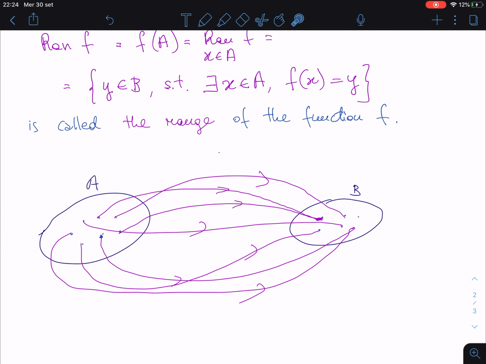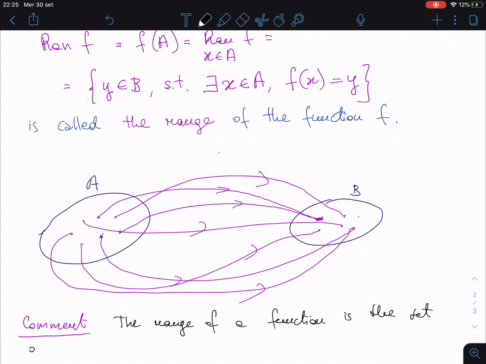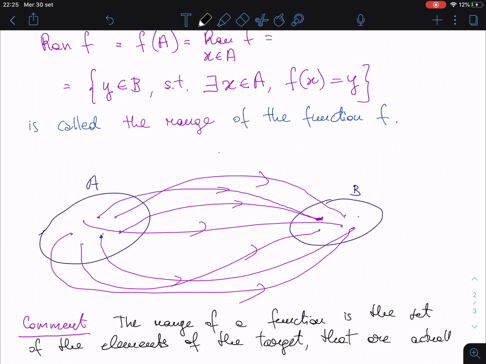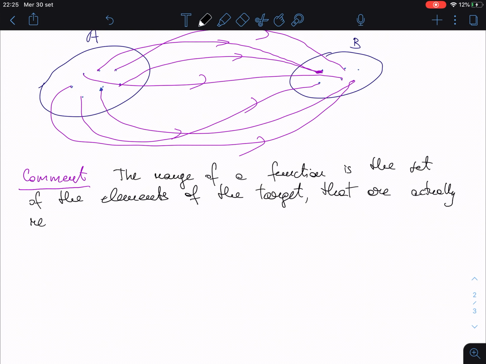So morally, as a comment, the range of a function is the set made of the elements of the target that are actually reached by the function.